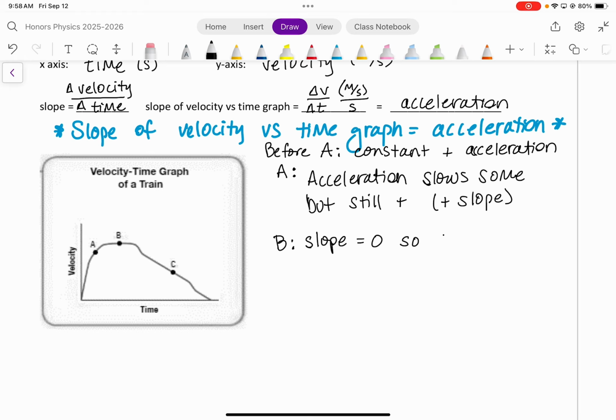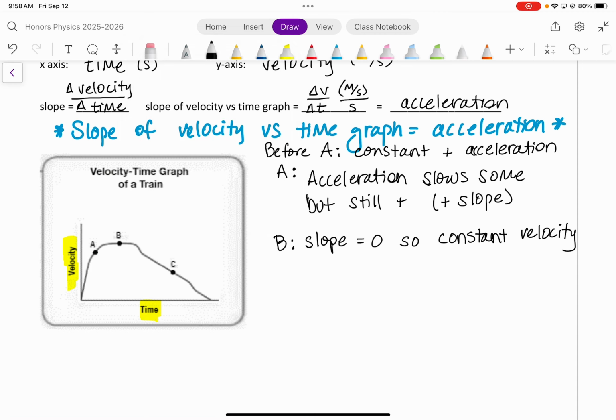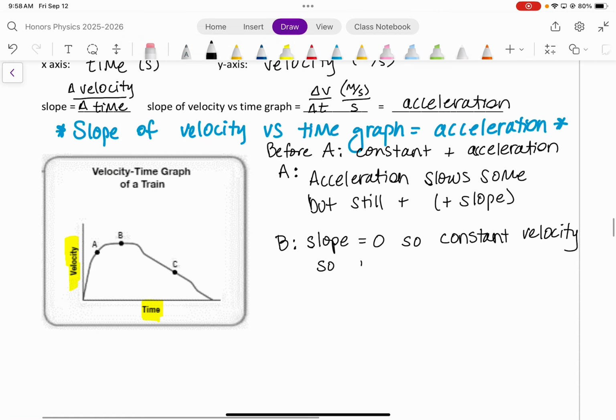So that means that at point B, this has a constant velocity. We always, always, always have to ask, what is the graph? And this is a velocity versus time graph. So if the slope is 0 and the velocity is constant, what does that mean acceleration is equal to at point B? 0. Acceleration will be 0.